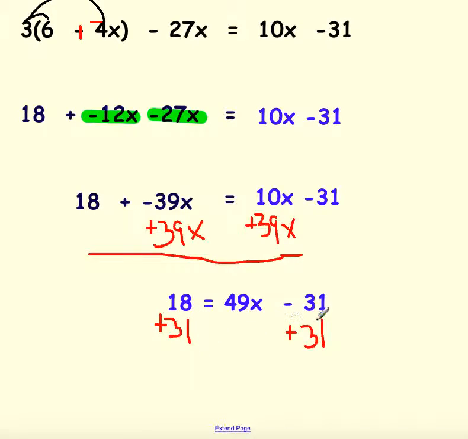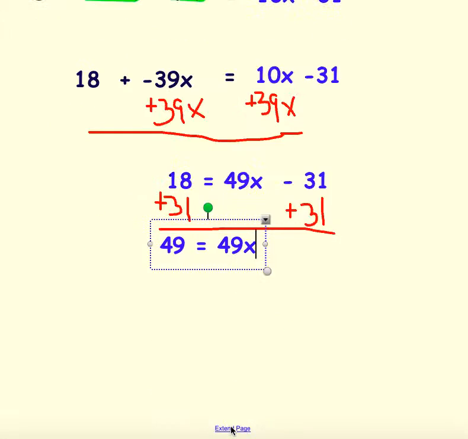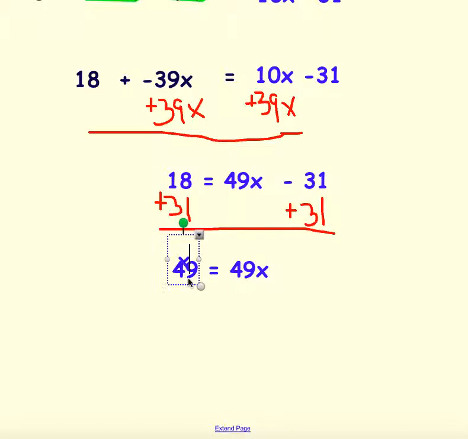And that's going to almost get your variable isolated. And then I'm going to have 49 is equal to 49x. Wow. All I got to do is divide by 49 and get x equals 1.